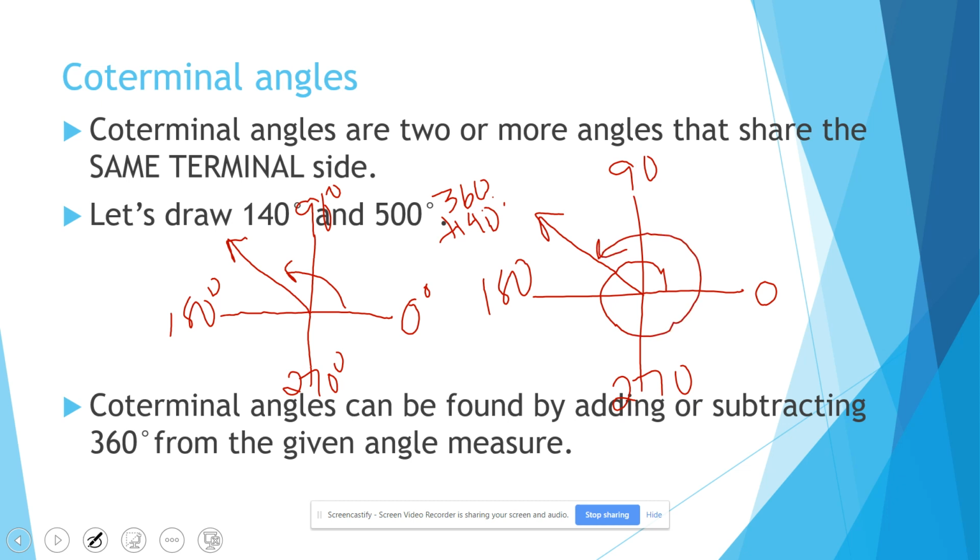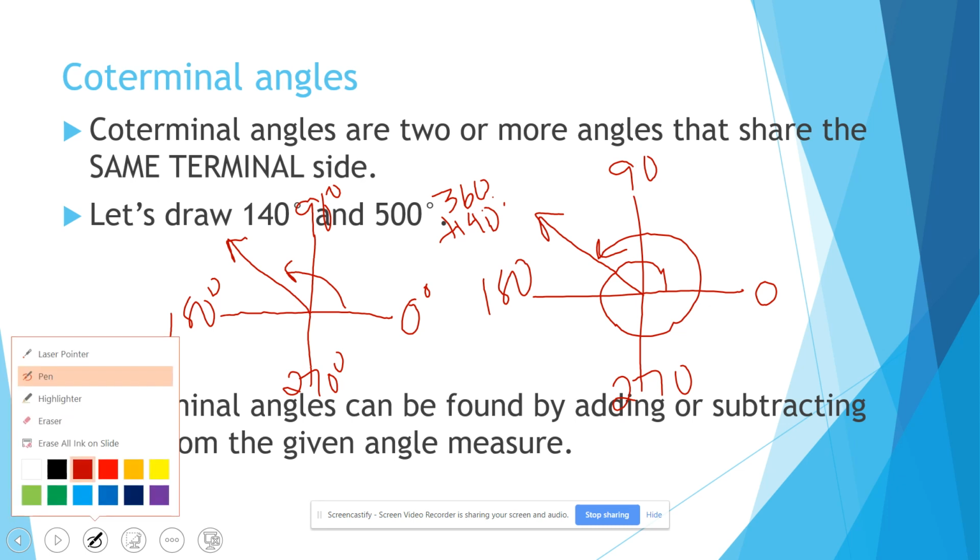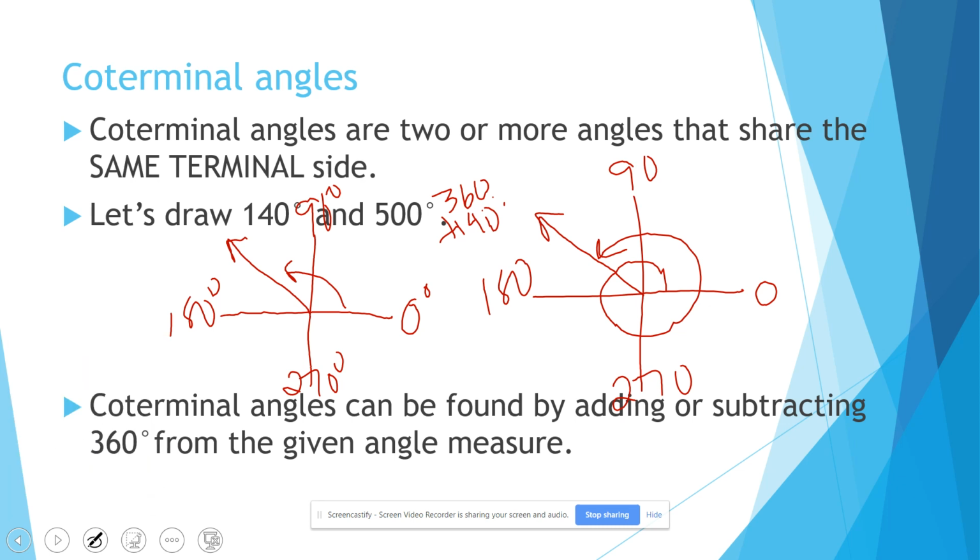And so both 140 and 500 shared a terminal side in the same spot because 500 was 140 more than 360, and then 140 is just 140. So coterminal angles can be found by adding or subtracting 360 degrees from the given angle measure.